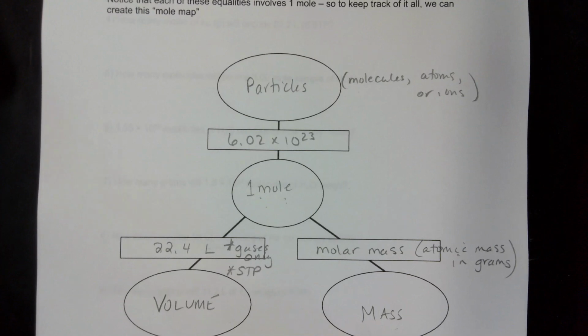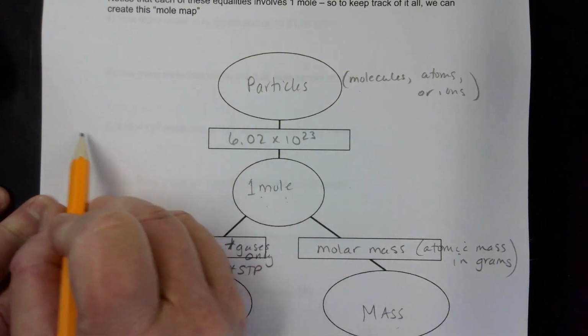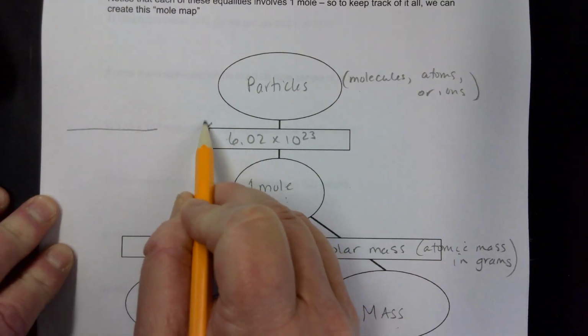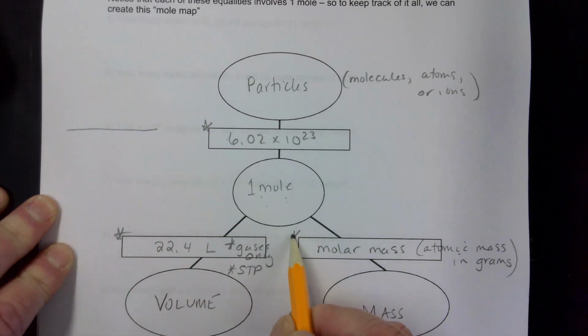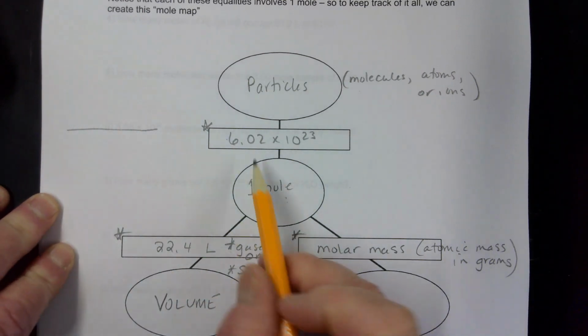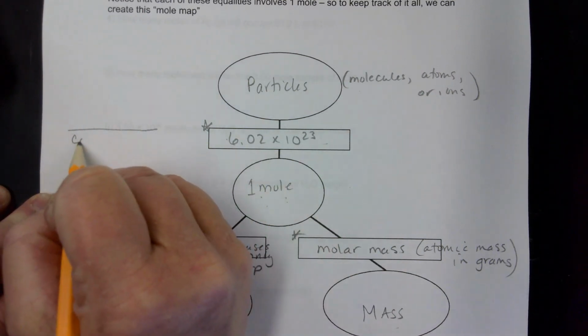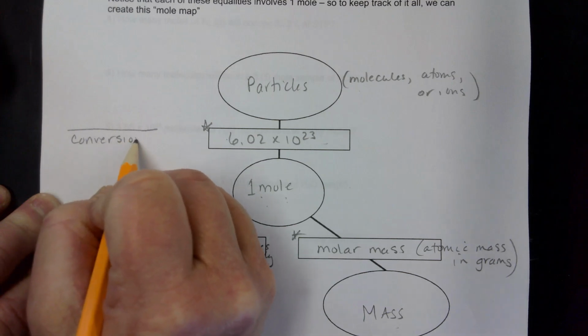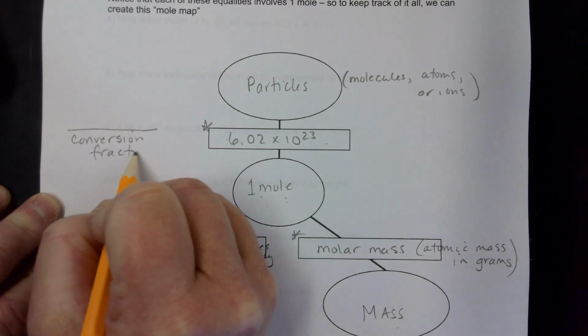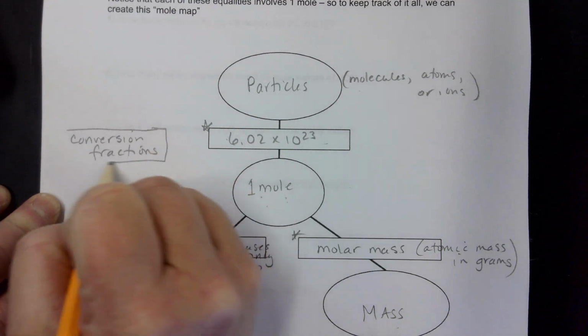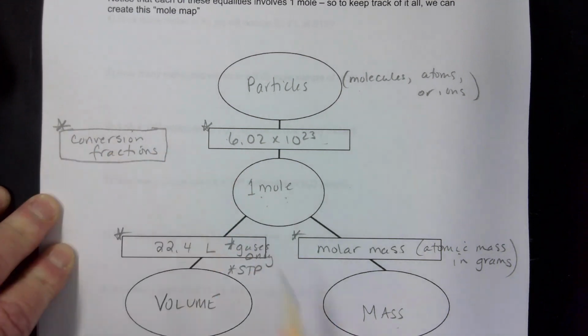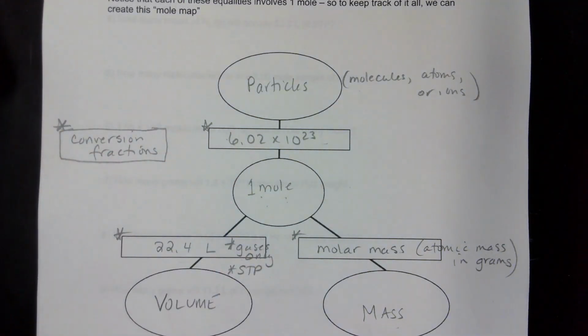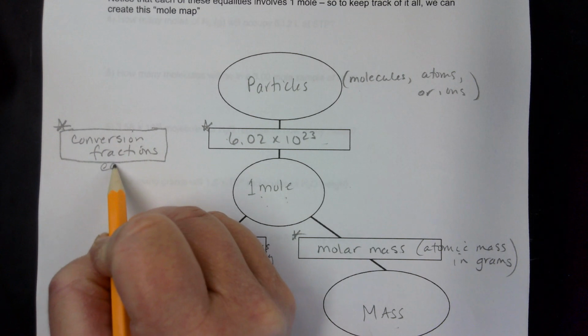So anything that is in a box, the items that I have written in the boxes, these are going to be used as our conversion fractions. So I'm going to put this in a box with a little asterisk. Anything that's in the box, you're going to use that as a conversion fraction, because conversion fractions are equalities.